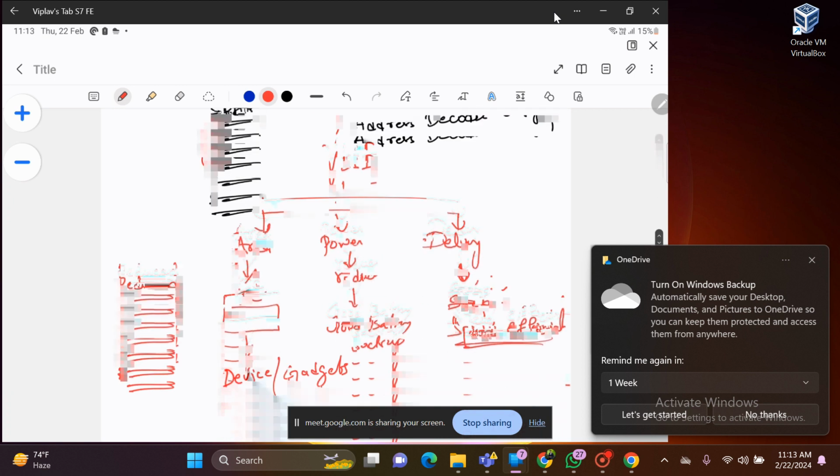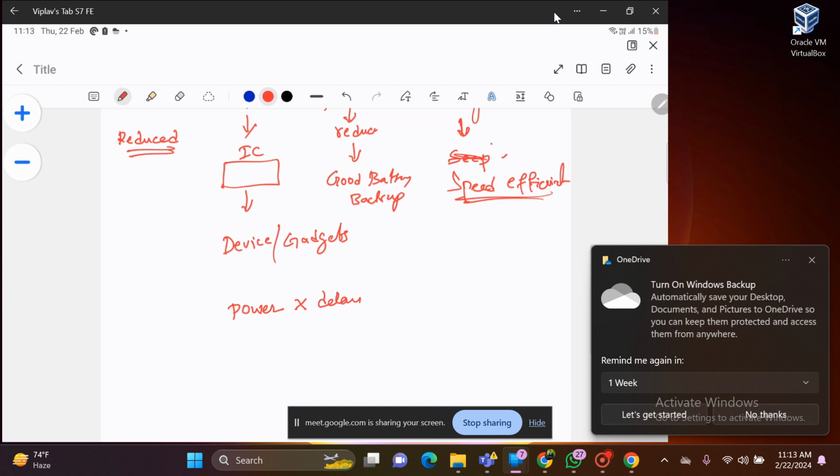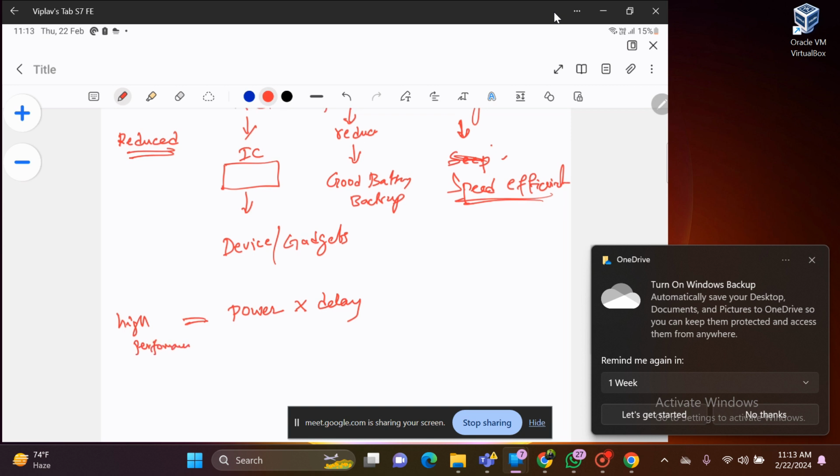For high performance, we multiply the power we got from the circuit with the delay. If this is reduced, then it has high performance.